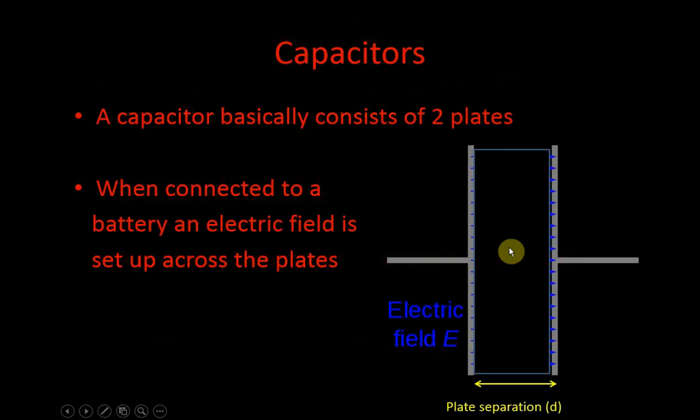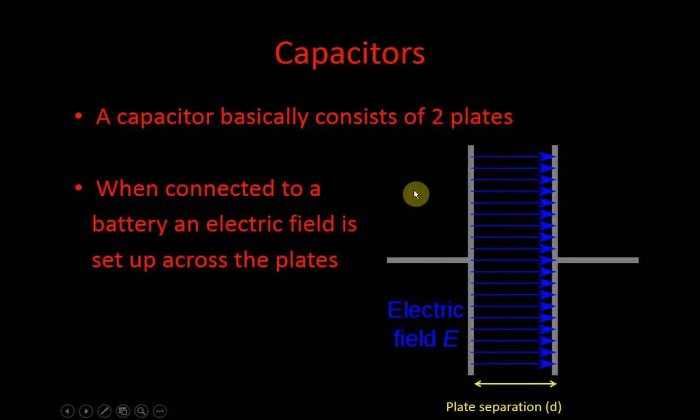And this is the typical diagram we've seen before, and we looked at the electric field within these plates and calculated it using the formula E equals V, the voltage across these plates, over D. So when we set up a voltage by hooking this capacitor up to a battery, we'll end up with an electric field running across these plates.